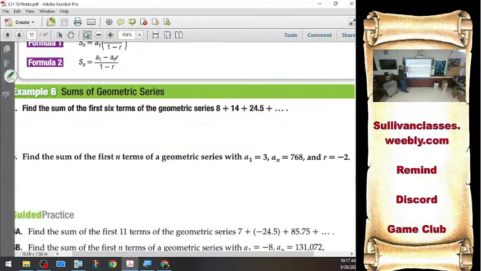All right. What information did they give us? A sub 1. What else? It's not D, common difference. Ratio is going to be 14 over 8 or 7/4.